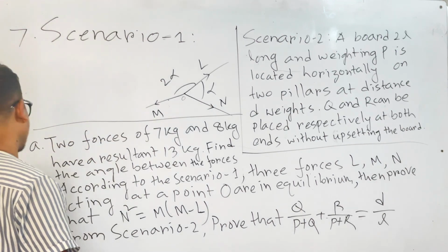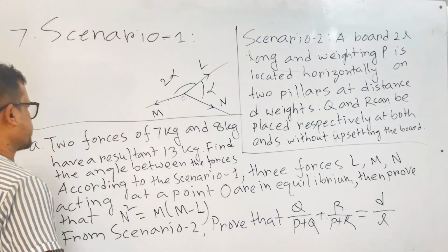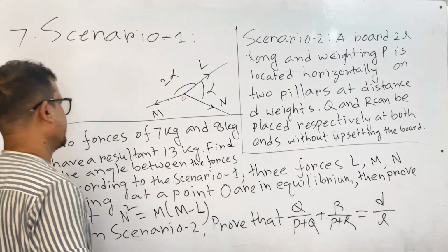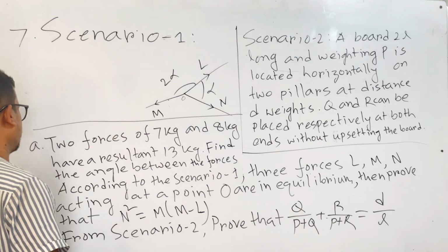Now question: two forces of 7 kg and 8 kg have a resultant of 13 kg. Find the angle between the forces. And for this question, mark 2.